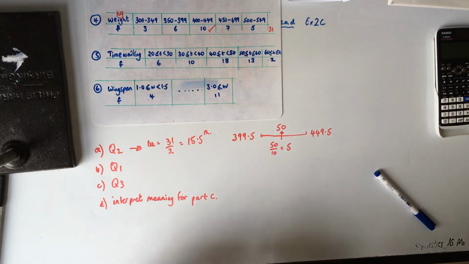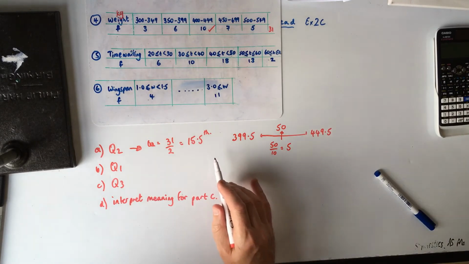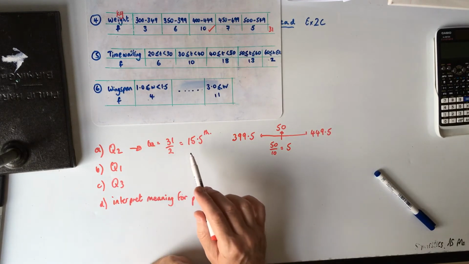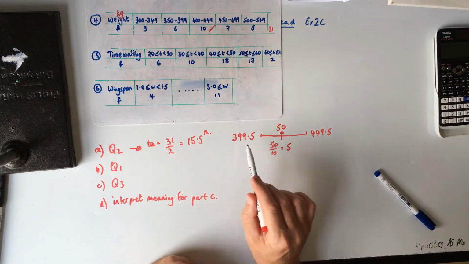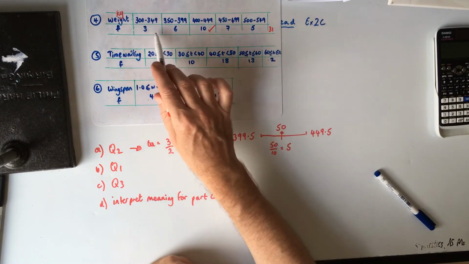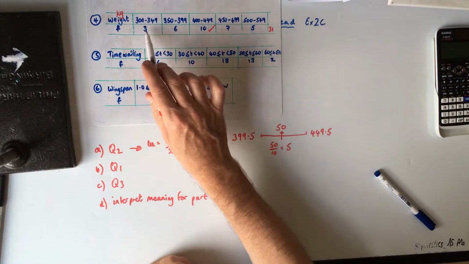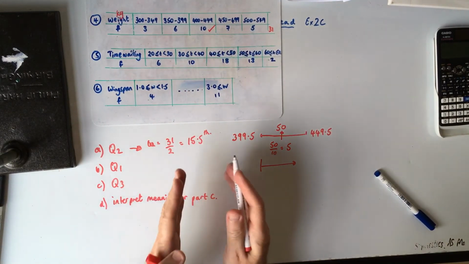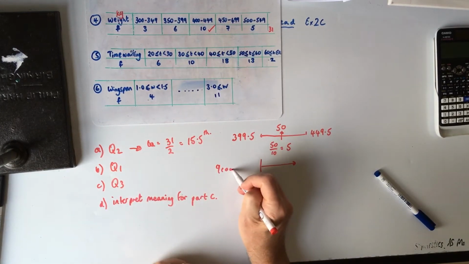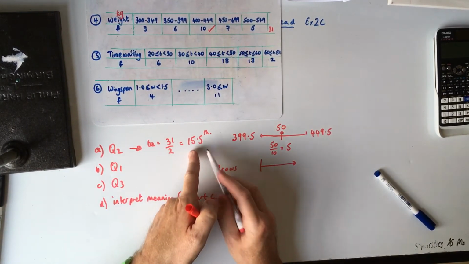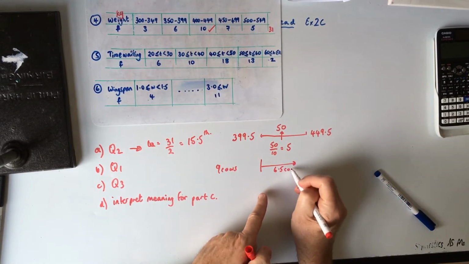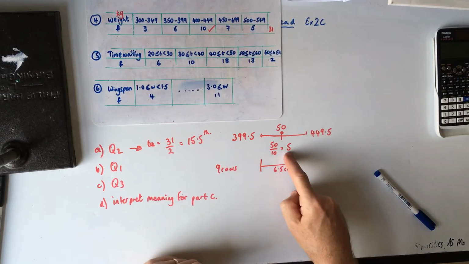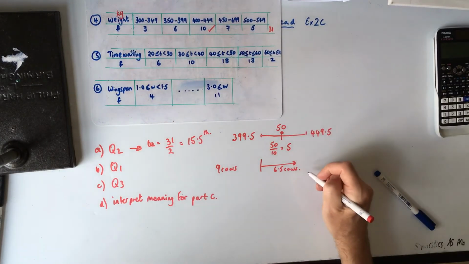Now then, what about our position? So we've got 15.5. We've got to find the 15.5th cow. The first 9 are here, so we want into this group here. There's already 9 cows here, so we want the 15.5th cow, so we want 6.5 cows into this group, and each cow is 5 kilograms more than the last one.